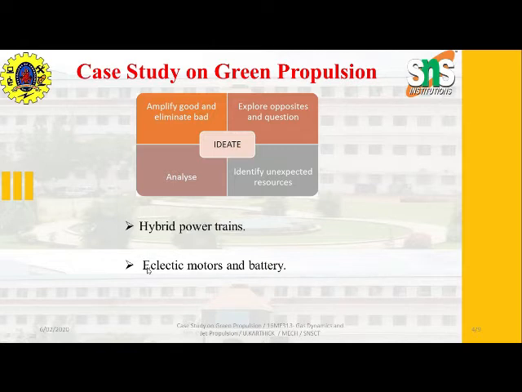If we use this in our vehicle, we don't have any emissions coming out from the engines, and the maintenance cost is also very low. The cost per kilowatt of power is also very low compared to fossil fuels. So there are greater advantages in electric motors and batteries.